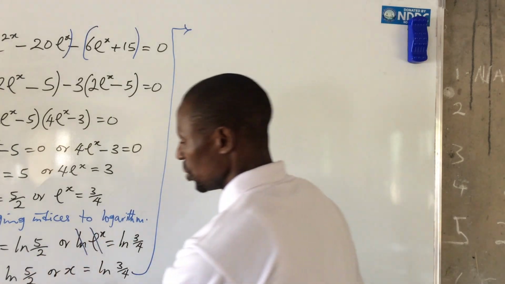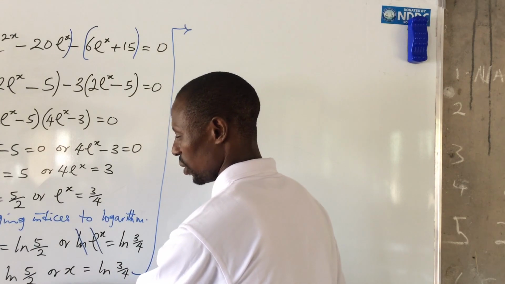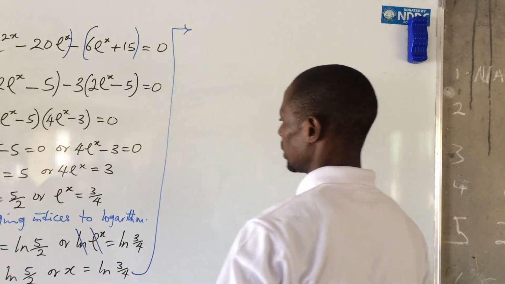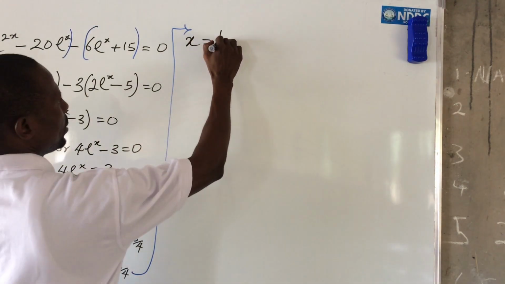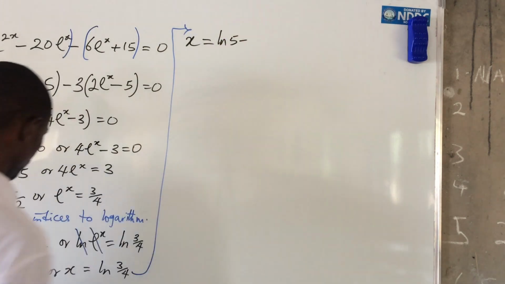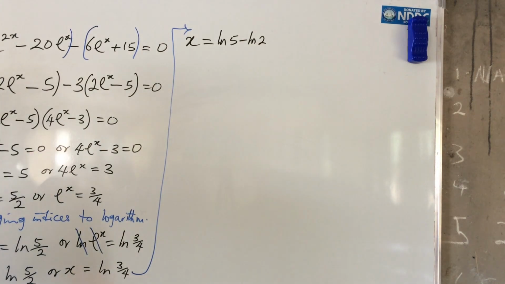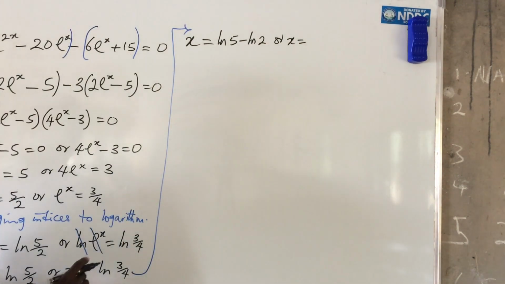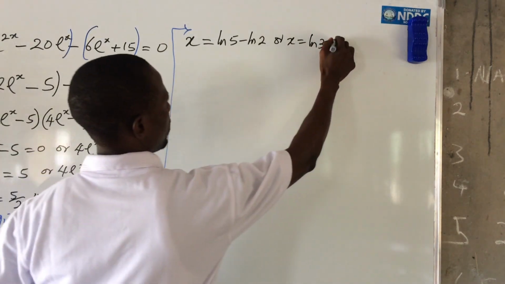From here, we use the law of logarithm, that when you have 5 all over 2, which is the division law, can be written as x, the first one, is equal to ln 5 minus ln 2. Let's bring the second phase of it, x = ln 3 minus ln 4.